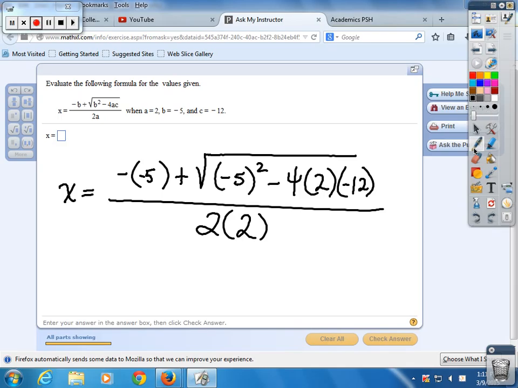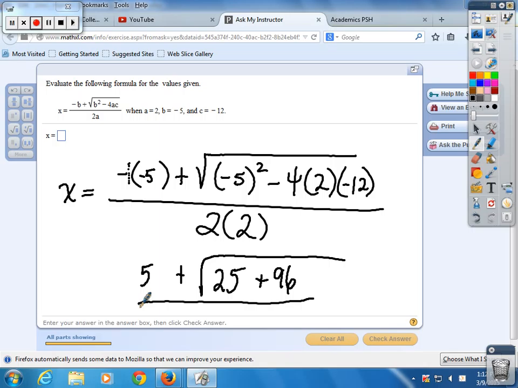So, let's start from left to right. Negative 1 times negative 5 is 5, plus square root. What's negative 5 times negative 5? And what's negative 4 times 2 times negative 12? That's going to be negative 8 times negative 12, which is now what? The positive. Those are the 3 places that people mess up.